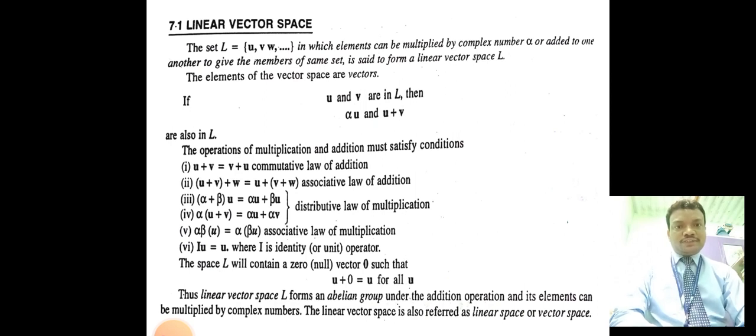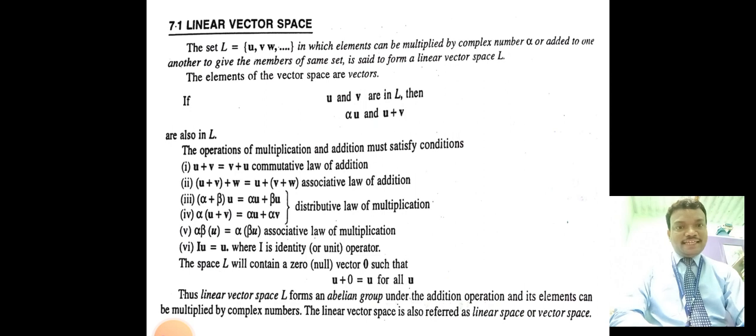Then I into u is equal to u, where I is the identity or unit operator. The linear vector space L contains a null vector 0, such that u plus 0 is equal to u for all values of u.